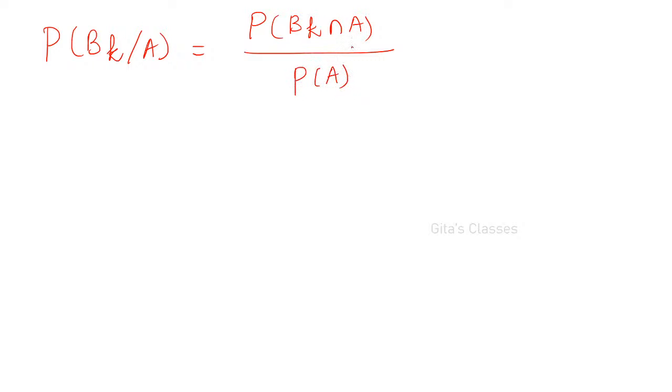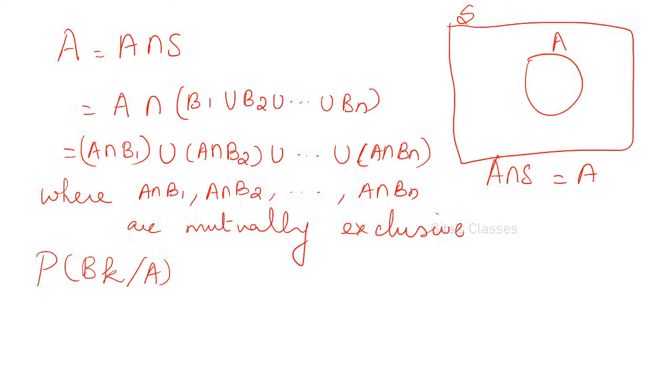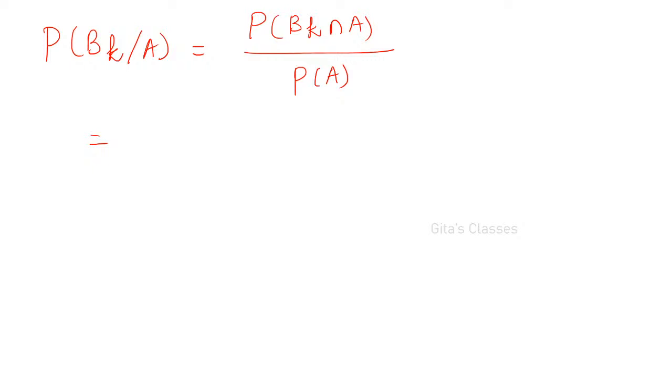What is our A? Just now we have seen that it is A intersection B1 union A intersection B2, etc. So now I am going to replace that. In the numerator it is P of Bk intersection A. I am teaching you slowly so that you can also write along with me. Understand and write. Okay.